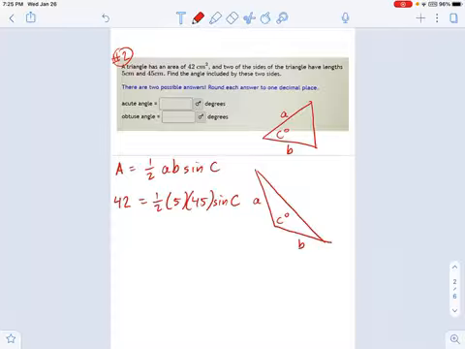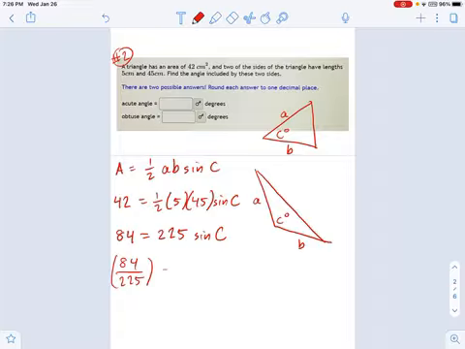So now I'm just going to do some rearrangements here. 5 times 45 is kind of a big number. Okay, that's not bad. So if I rearrange this a little bit, I get 84 equals 225 times sine C. I multiplied each side by 2 to get rid of the 1/2. And now I divide 84 by 225, and that's equal to sine C.